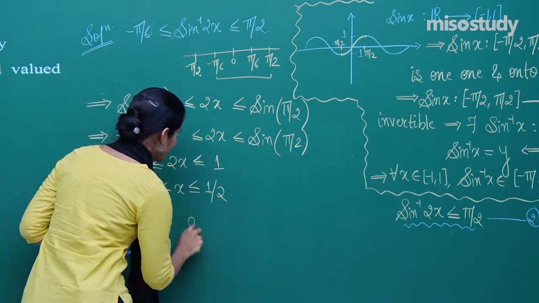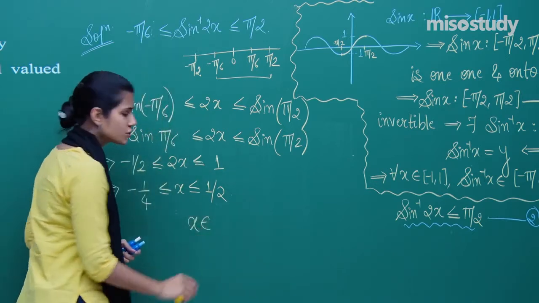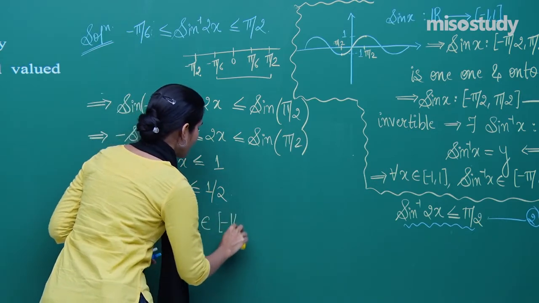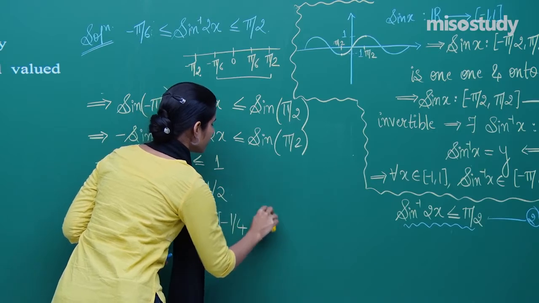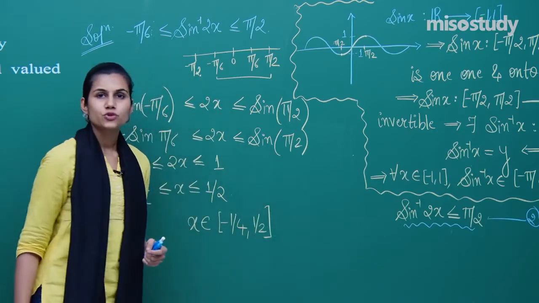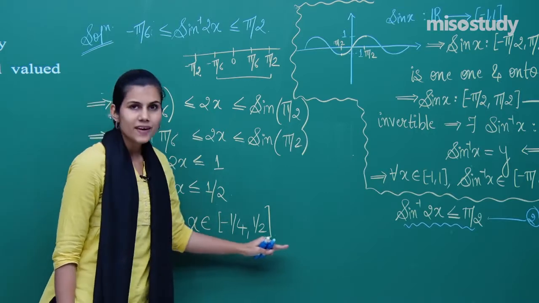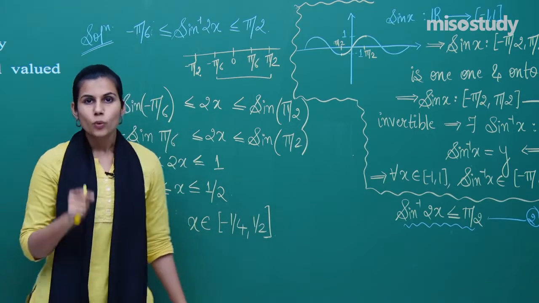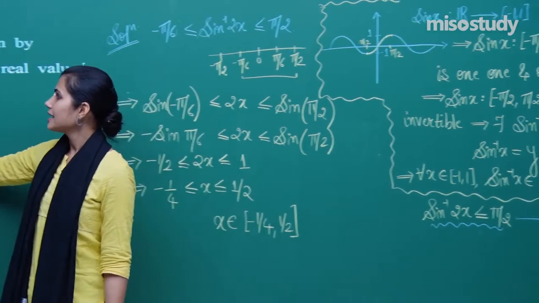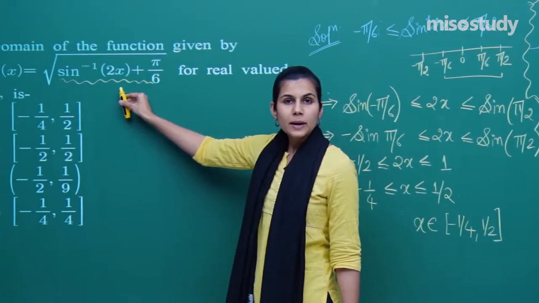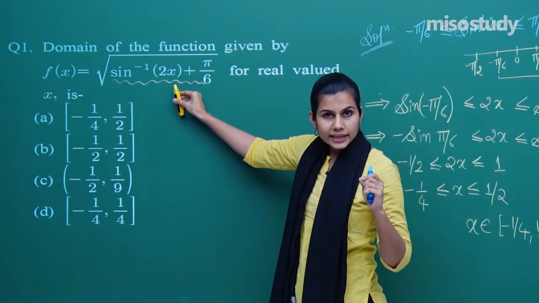And this can be written as x belongs to minus 1 by 4 comma 1 by 2 closed interval. And that means it is these values of x which make this expression of f bring out real values.